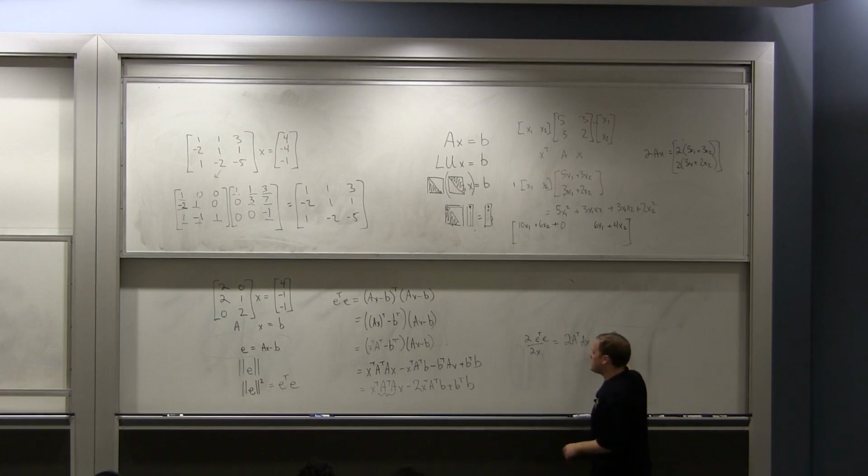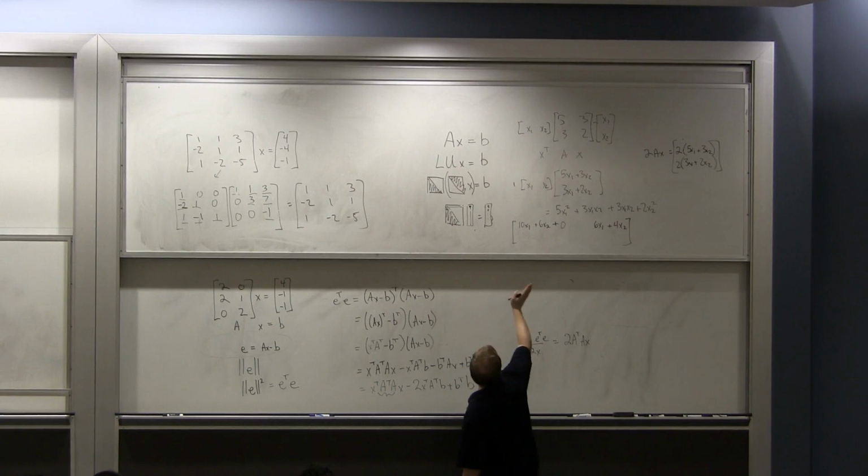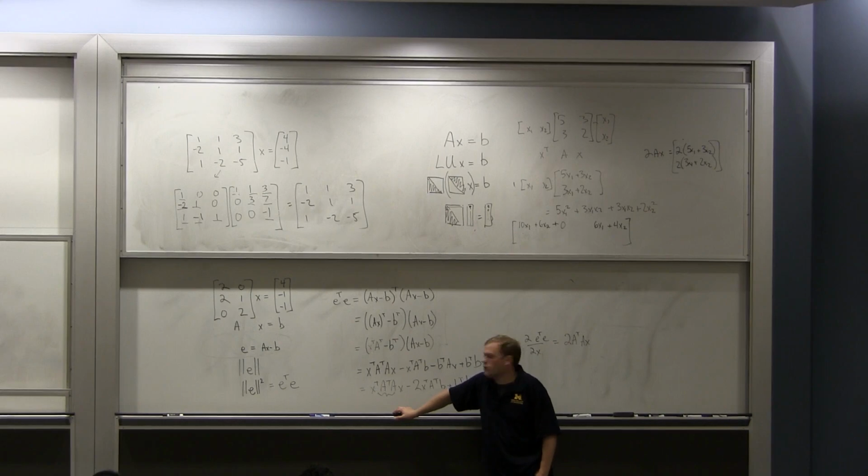All right, so we do the same thing here. We're now taking the partial derivative of this term with respect to x. What are we going to end up with? It's like what we did before. What's the derivative of 4x with respect to x? 4.